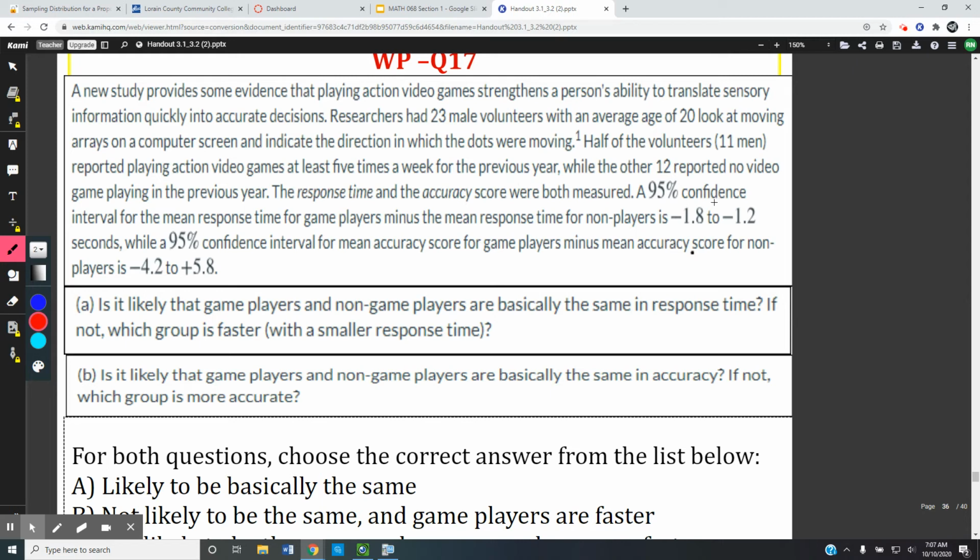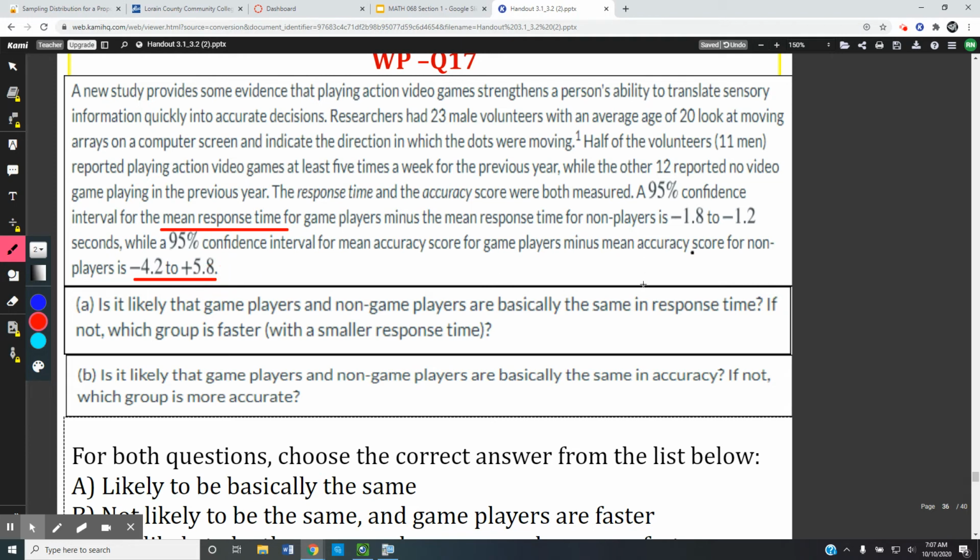The 95% confidence interval for the mean response time difference: mean response time for the players was negative 1.8 to negative 1.2 seconds, while the 95% interval for mean accuracy for game players minus mean accuracy for non-players is negative 4.2 to positive 5.8.